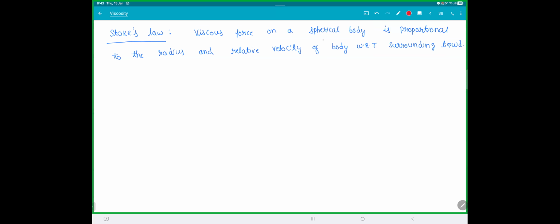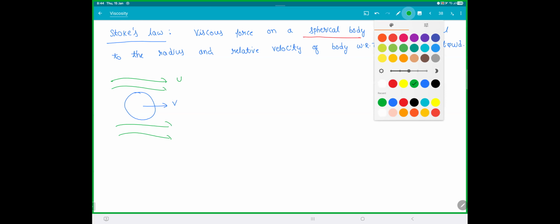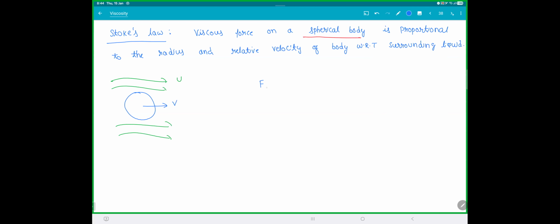Now, this is important. Stokes' law we only have for spherical bodies. You can't take any other shape. That means if you have a ball kind of thing here, going with speed v, and let's say the surrounding medium is also going with speed u, the formula goes like this.